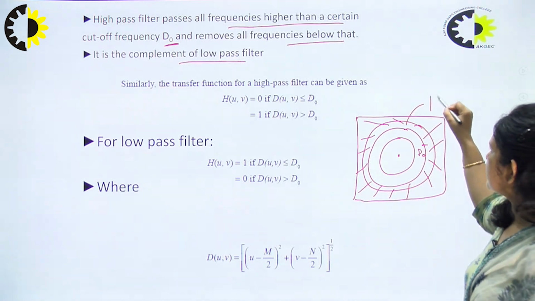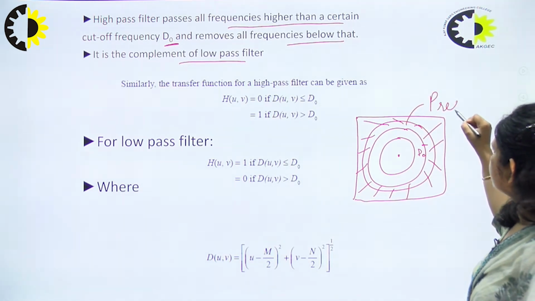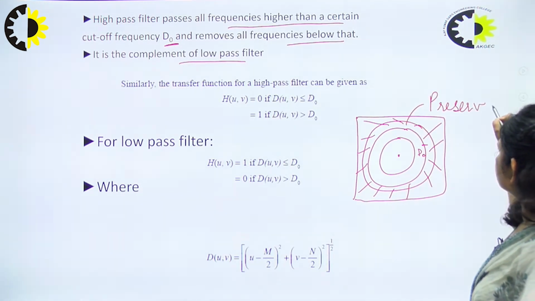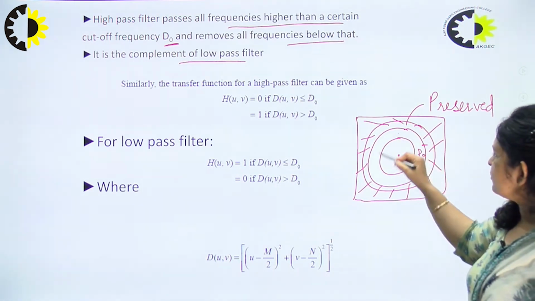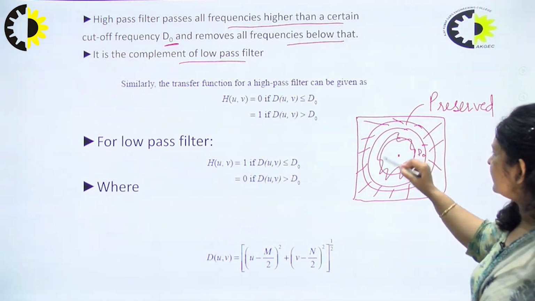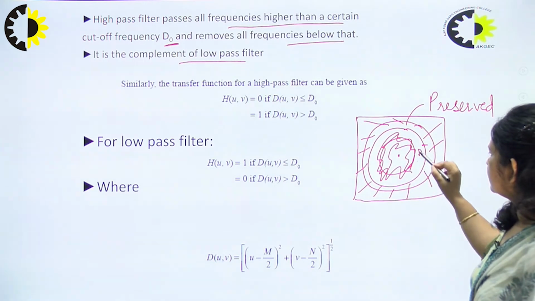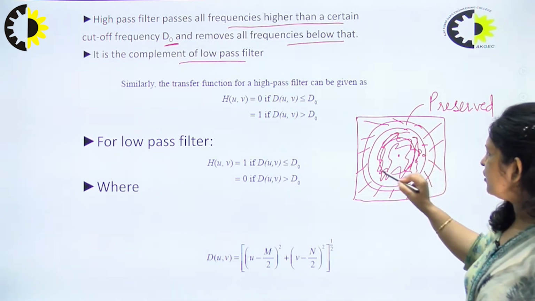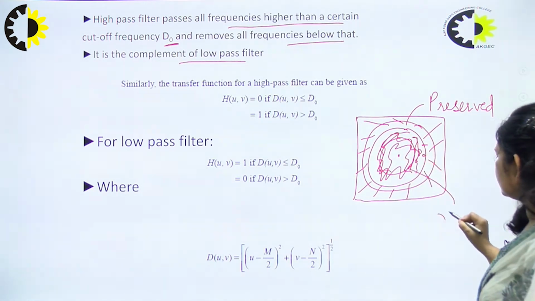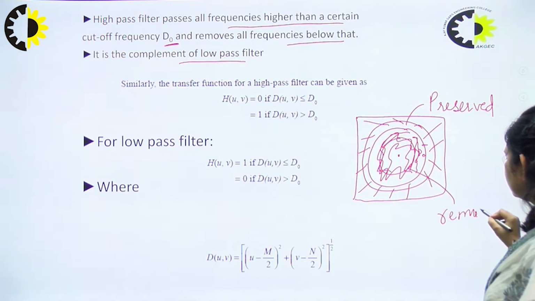This would be the preserved area, and this entire thing. Below the D0, it would be removed.